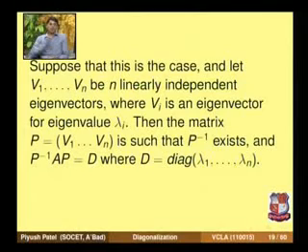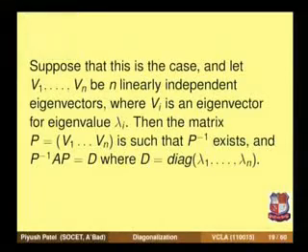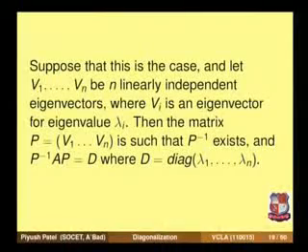But one thing is sure: in the diagonal matrix D, the diagonal entries are always the eigenvalues in the same order as the linearly independent eigenvectors are arranged in the matrix P. So this is the diagonalization procedure. Using this procedure, one can easily compute the diagonal matrix similar to the given matrix.